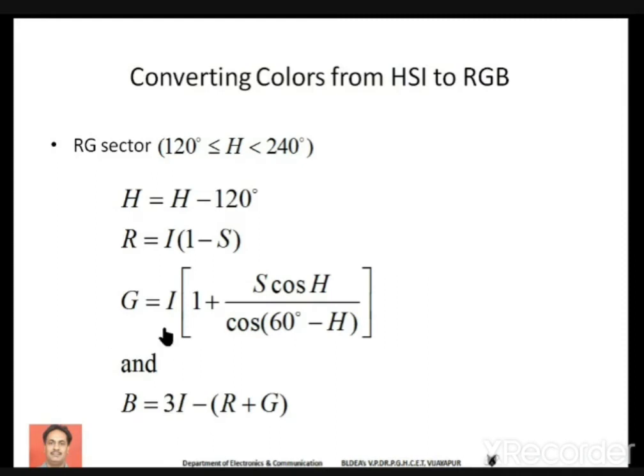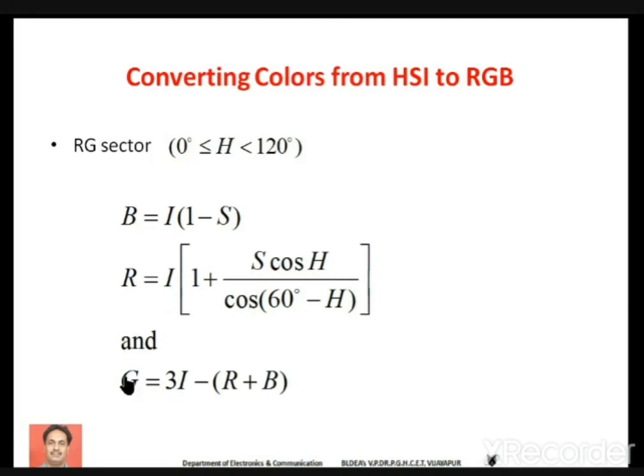Okay, here the RGB values can be obtained by just cyclic rotation of these values. For H between 120 degree and 240 degree, you have to use the same set of formulas, but R will go up, G will come in place of R, and B will come in place of G. Please try to understand the technique.